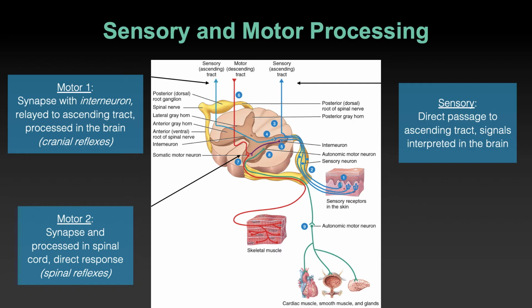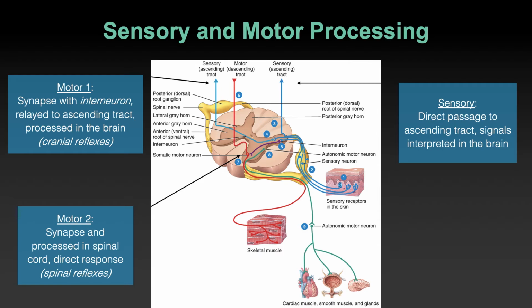This is something that needs a response from the brain itself. So there could be a signal in the periphery, maybe a pain sensation or a heat sensation, something that represents imminent danger, something that needs you to think about it and do something.